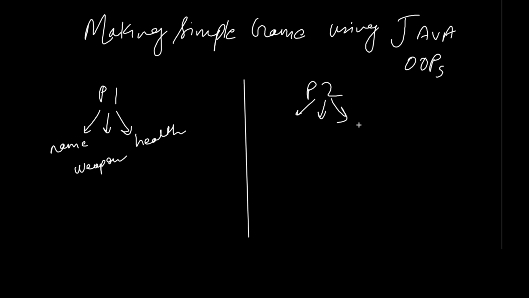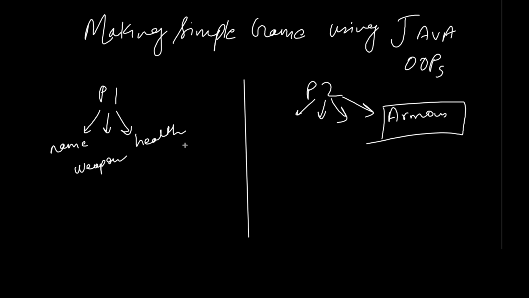Player 2 is the same, but has an additional feature, a function of armor. So the user has an option that player 2 can either wear armor or not.